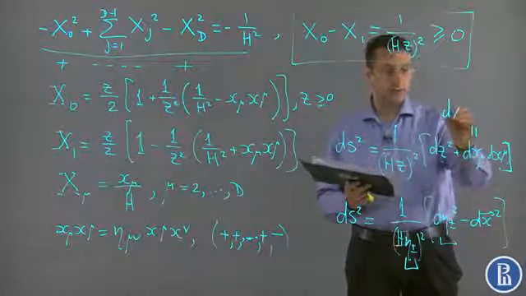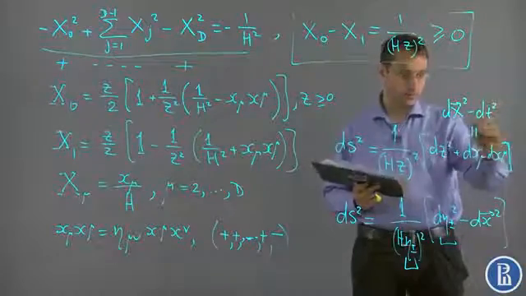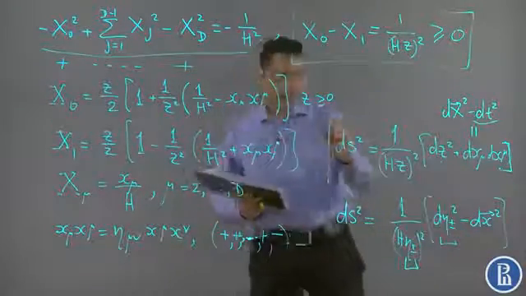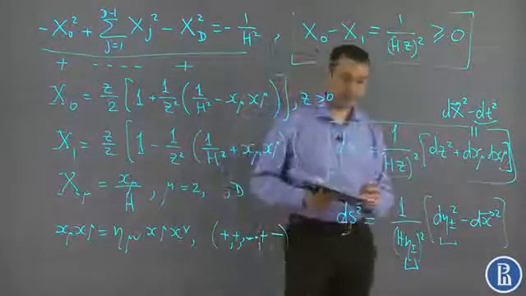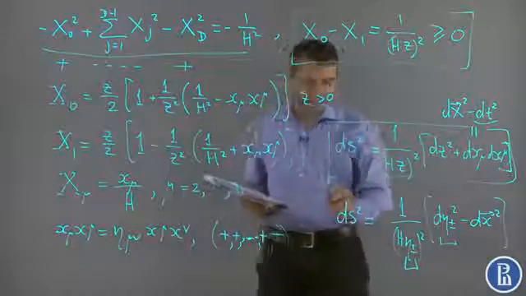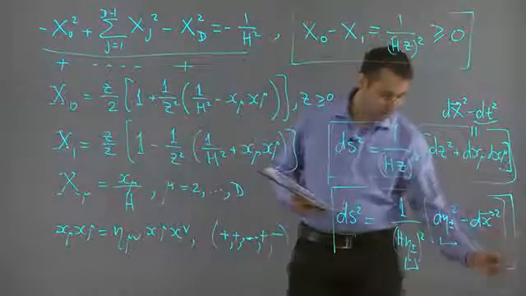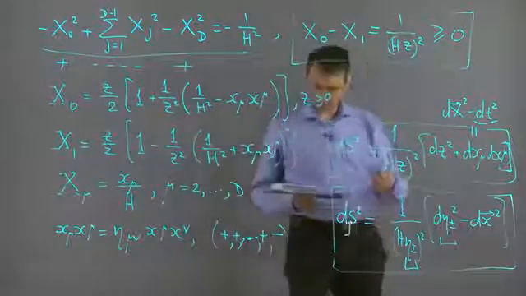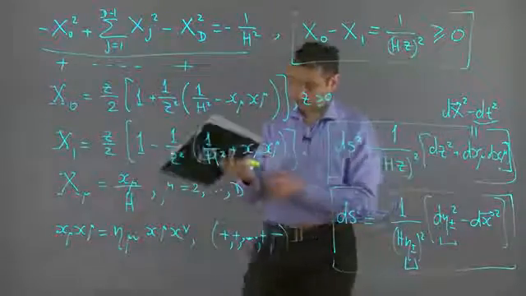It's like dx vector squared minus dt squared. So the anti-de Sitter space-time metric is stationary, in fact even static, while the de Sitter space-time metric is time-dependent. That is a crucial difference between these two spaces.